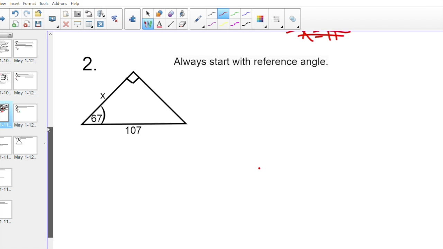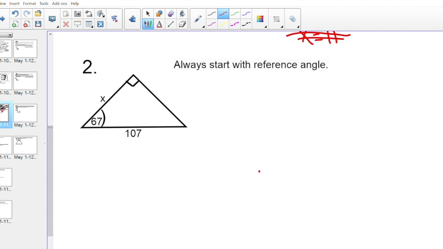Now, 67 is the angle measure given, so that's the first thing you write. You write the angle measure given. Now, I couldn't put the degrees on my board here, but it is. Now remember, this side over here is the opposite.